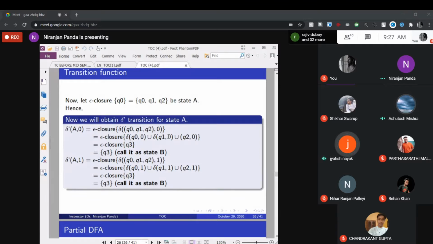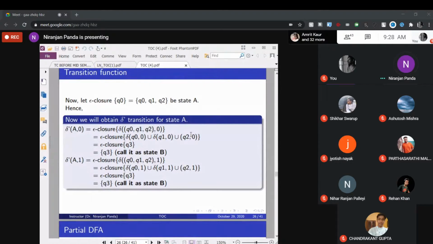Now, del of Q1, 0 is Q3. Similarly, del of Q2, 0 is 5.